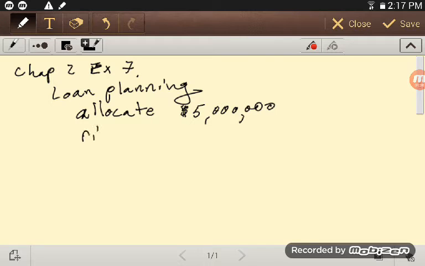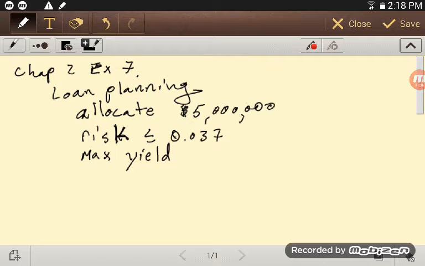So risk has to be less than or equal to 0.037. Formulating an LP model to maximize yield in allocating the $5 million. So maximize yield. So we'll have to figure out how to get our yield.